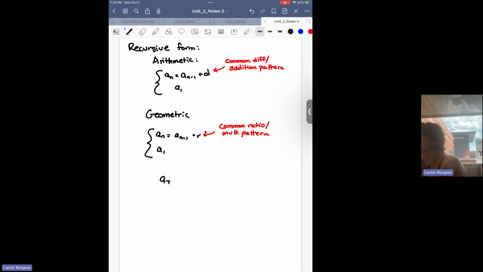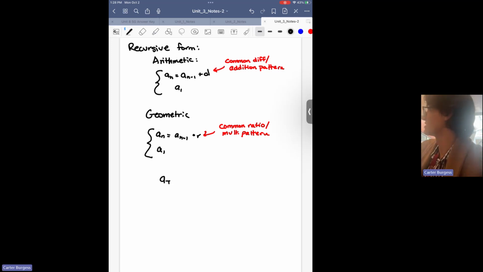In order to gain information about a sub 7, what do I need to know information about? Well, we'll eventually need a sub 1. That is certainly true. We'll certainly at some point need the difference, but just by my recursive step here, what must a sub 7 be the same as? In order to make some kind of claim about what a sub 7 is, I need to know what?